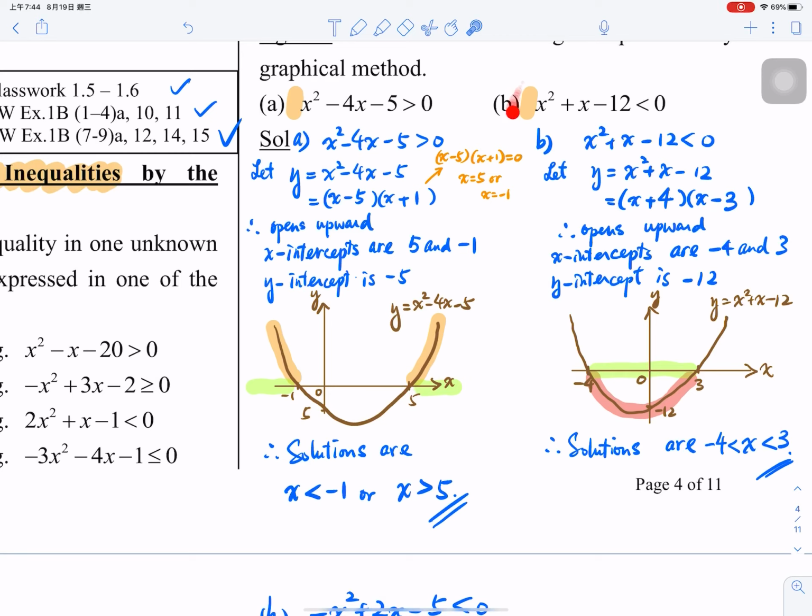If the quadratic inequality is smaller than 0 and opens upward, that means a greater than 0, then the answers are in between two x-intercepts. Okay, you can memorize like this. And these two questions all open upward graphs.